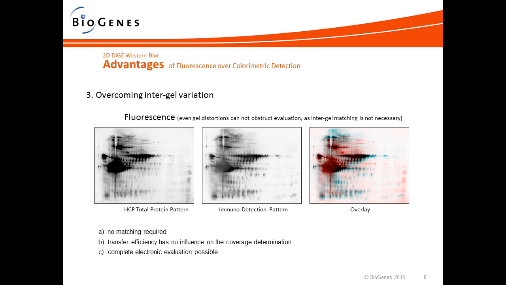The resulting advantages are, first of all, due to the elimination of intergel variation, no matching is necessary. Second of all, the transfer efficiency has no influence on the coverage determination. And third, 2D DIGE Western blotting makes the HCP detection evaluation easier and a complete electronic evaluation possible. Therefore, even gel distortions are no problem for evaluation anymore.